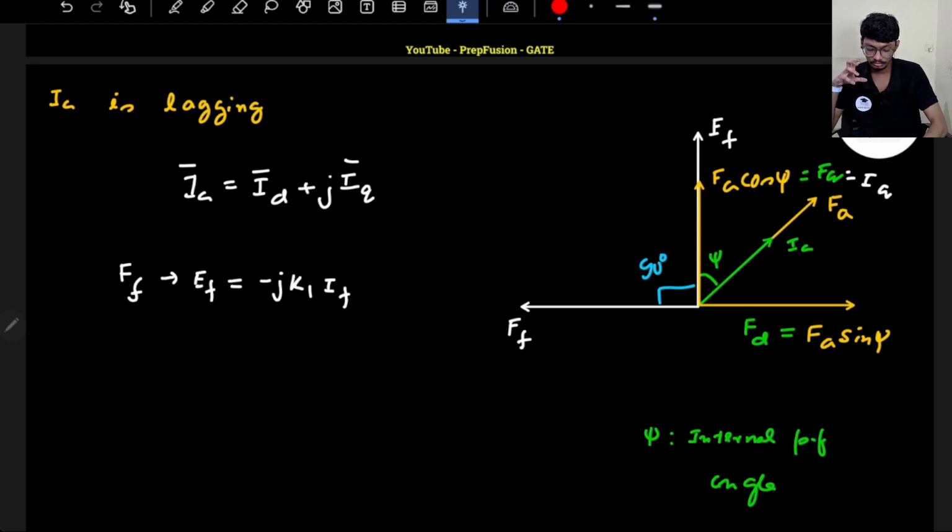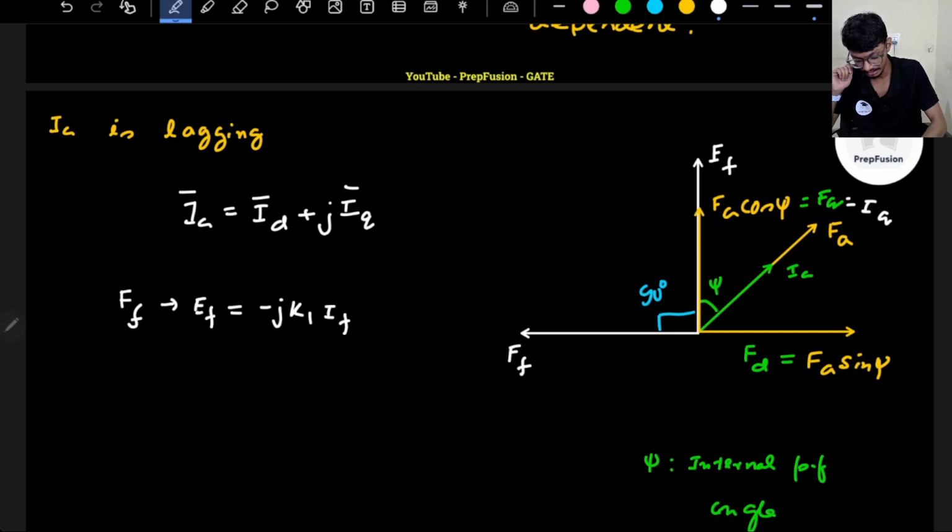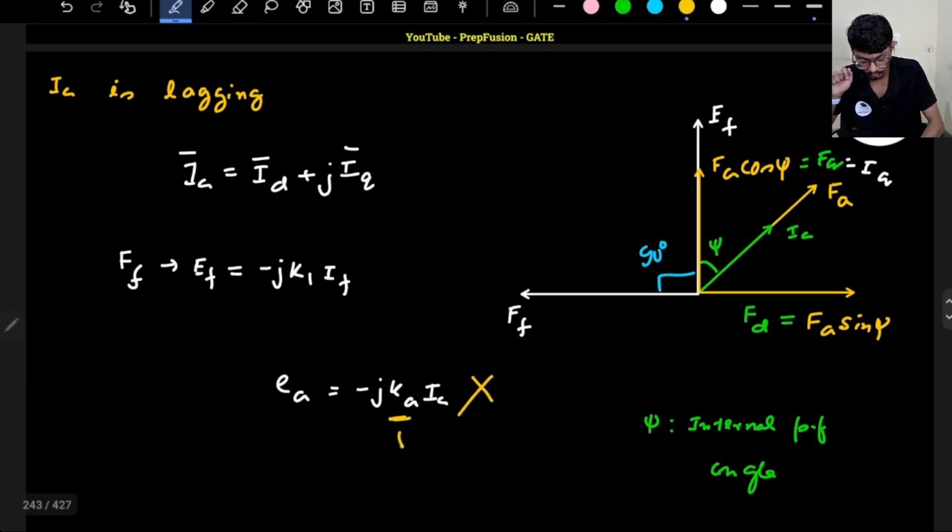The problem here was that I was not simply able to write EA, the induced EMF due to FA, as minus j KA into IA. This is wrong actually, because this constant will not be a constant.